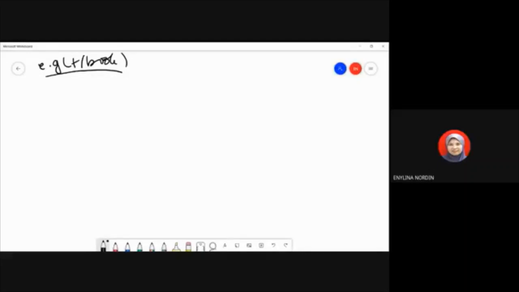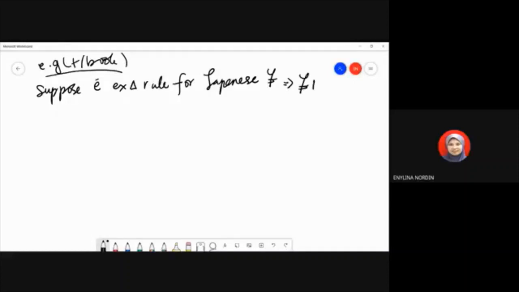Suppose the exchange rate for the Japanese yen is currently 120 yen equal to $1. So this is the yen's value per dollar.